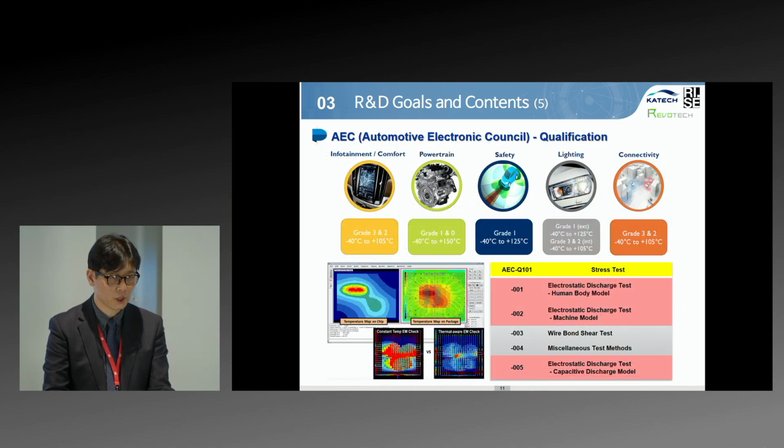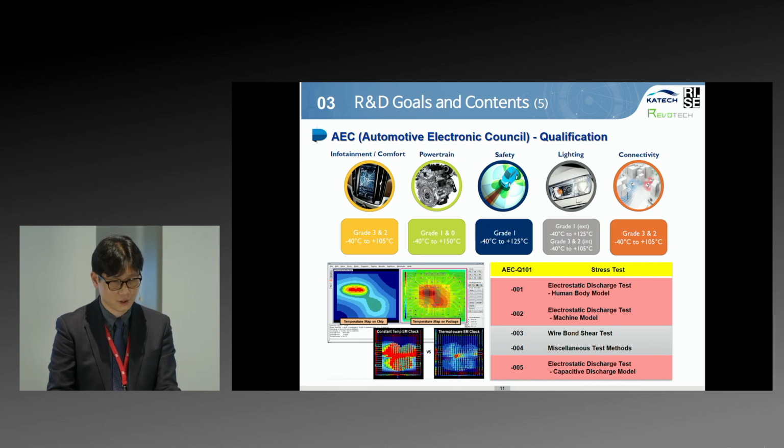This picture shows the AEC, Automotive Electronics Council, qualification. In automotive powertrain applications, AEC grade 1 and 0 is required to operate at temperatures from -40 degrees to 150 degrees.